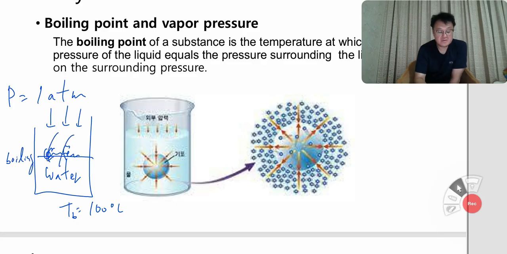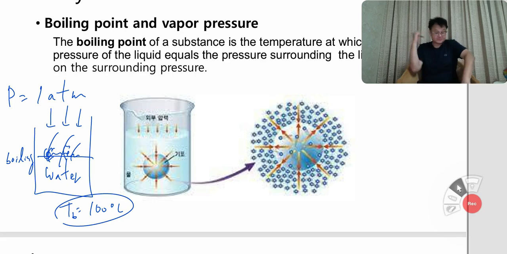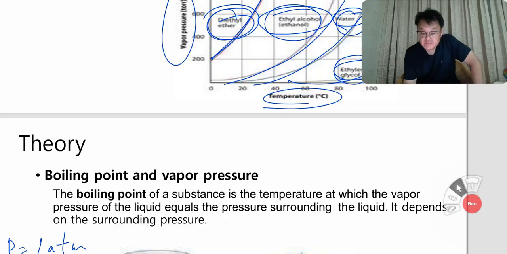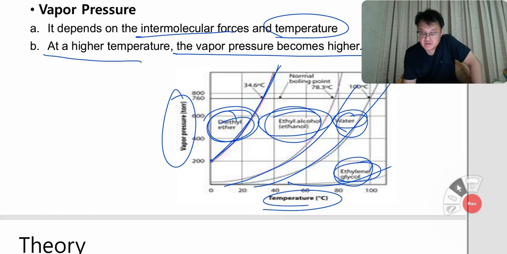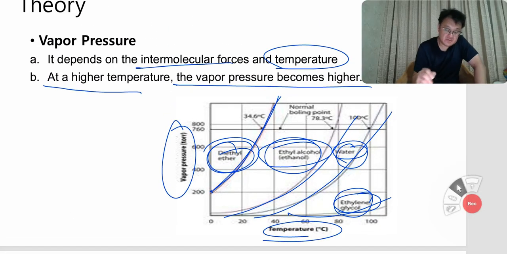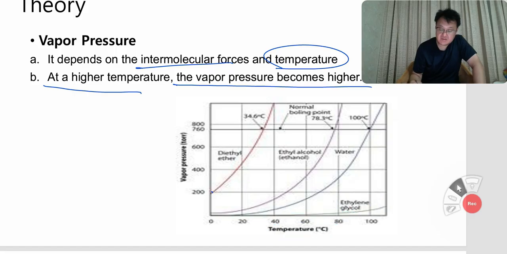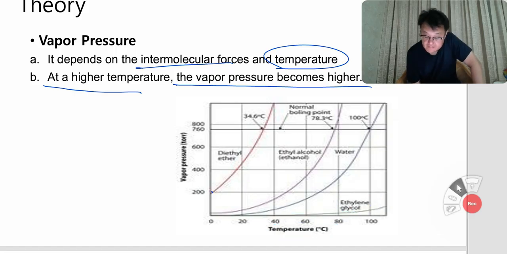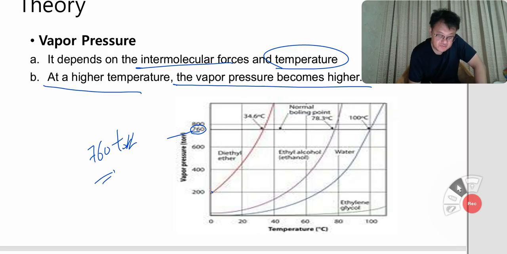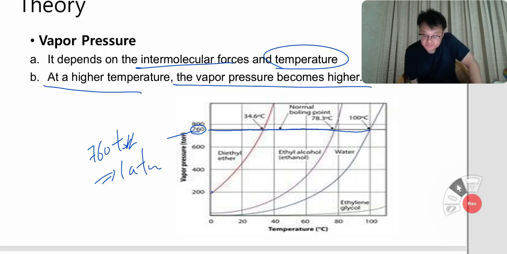Boiling, right? Water boils at 100 degrees Celsius. When you look at the vapor pressure of water in this plot, you can see that at 760 torr, corresponding to 1 atm, that vapor pressure can be reached for water at 100 degrees Celsius.